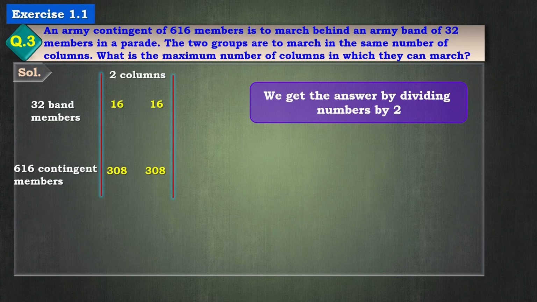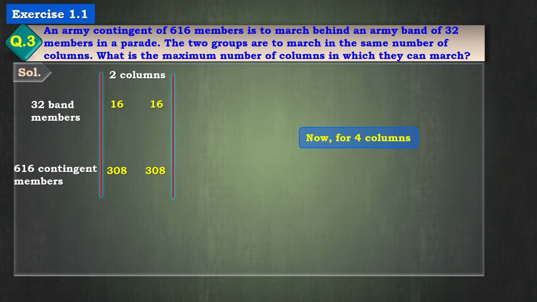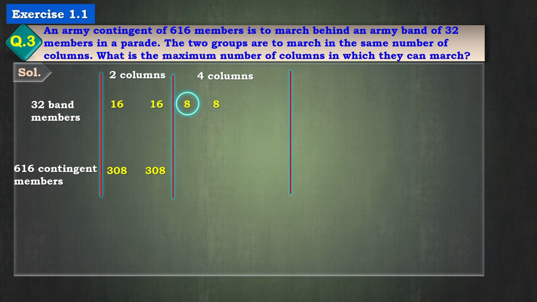That means 2 is a common factor for 32 and 616. Now if we arrange them in 4 columns, each column will have 8 band members, and for 616 contingent members, each column should have 154 members.